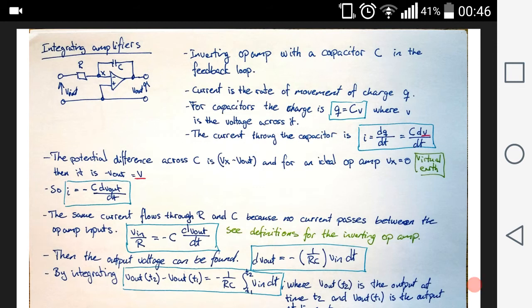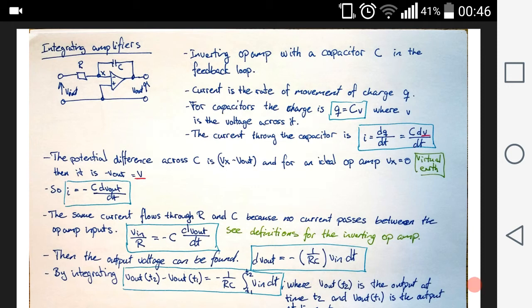We can also say, based on the fact that we have an ideal operational amplifier, that the same current flows through the resistor as through the capacitor, because there is no current between the inputs.